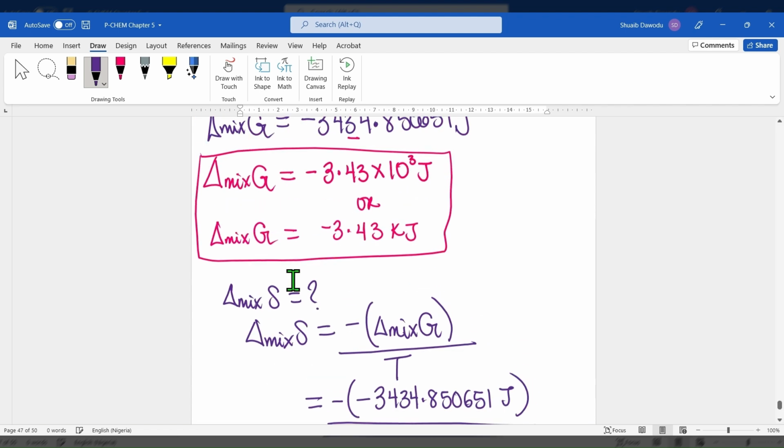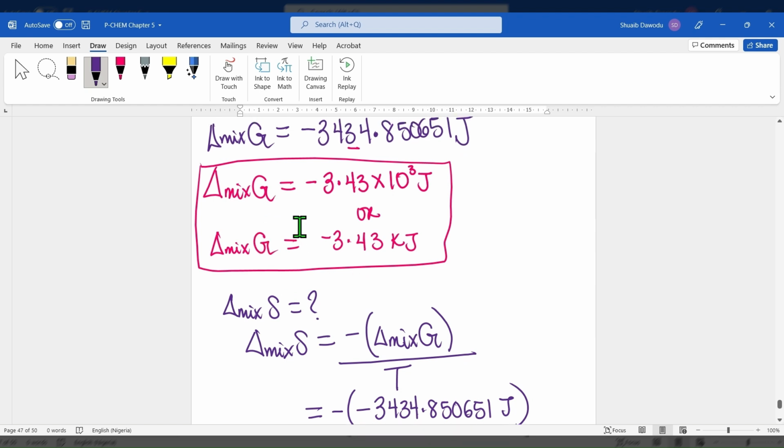Now you may be wondering, why don't we just substitute negative 3.43 times 10 to the power of 3? Whenever you're dealing with a question and you're supposed to be using the same answer that you had solved before for further calculation, you're going to use the raw value. Only when you get to the final answer can you start approximating things to 2 decimal places, 2 significant figures, any number of significant figures or decimal places.